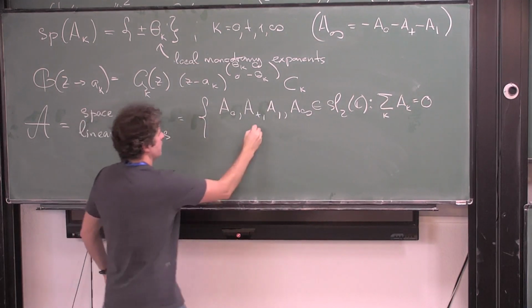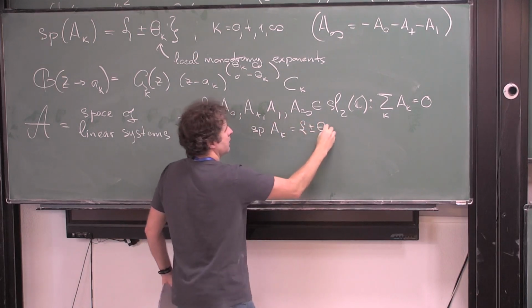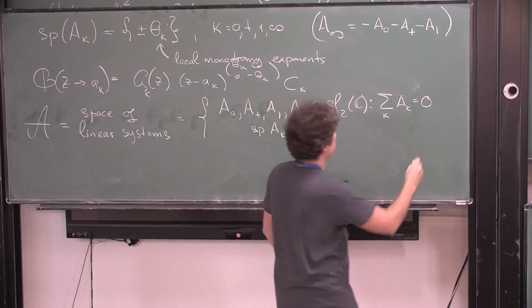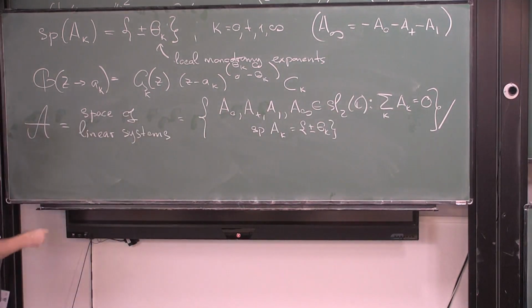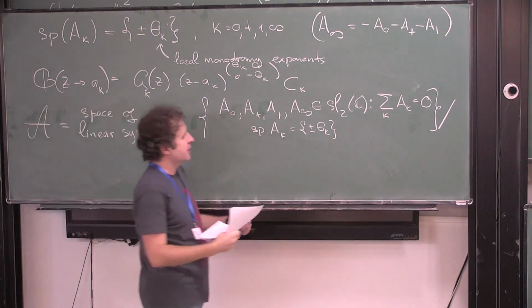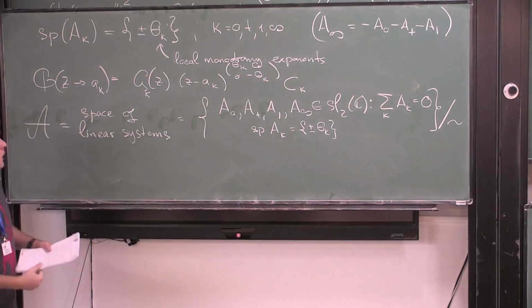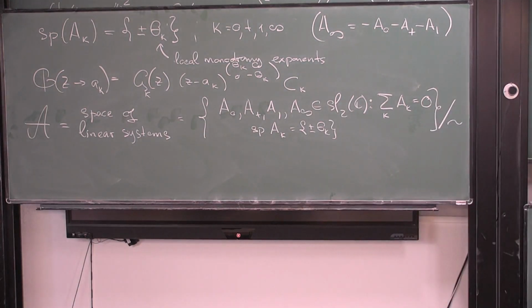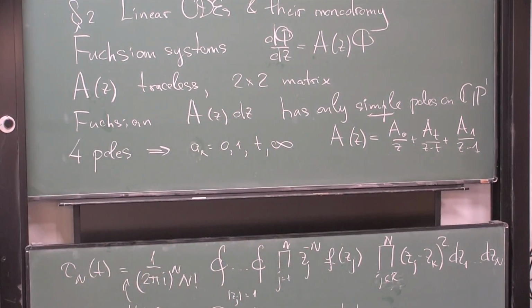We have to fix the spectra. I consider this space of matrices up to conjugation in SL2(C), because clearly if I start from the system, I can conjugate A by a constant matrix, and it will lead to a simple modification of Phi. So I want to quotient by that.